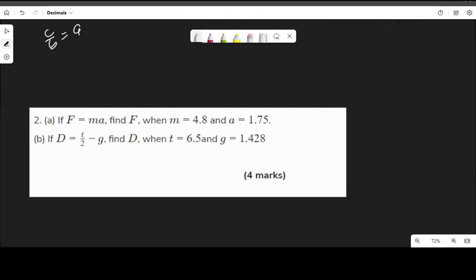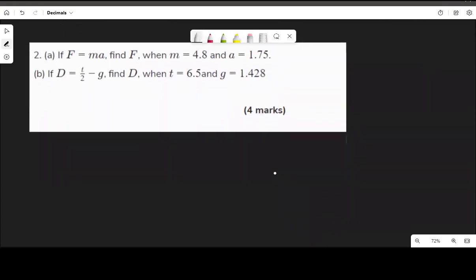Okay, F equal to ma, that is an important equation in physics. For those of you that offer physics, the resultant force equals mass times acceleration. So if that is the case, the value of m is 4.8 according to the question, and the value of a, acceleration, is 1.75.